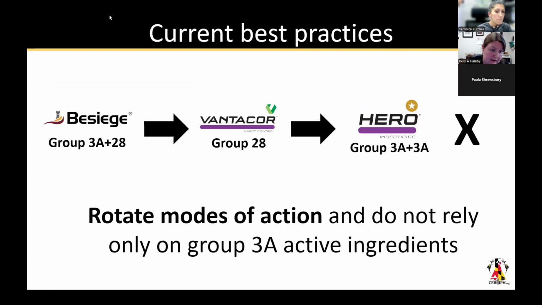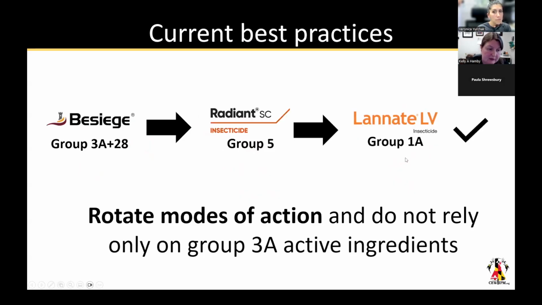So if you think of something like Besiege, it's a mixture of group 3A and 28. If you rotate to Vantacor, you didn't rotate because you're using group 28 again. Or if you rotate to Hero, you didn't rotate because you are using the group 3s again. So instead, you want a program that's going to look something like going from the group 3A and 28 to a group 5 like Radiant, or maybe a group 1A to get that mode of action rotation.